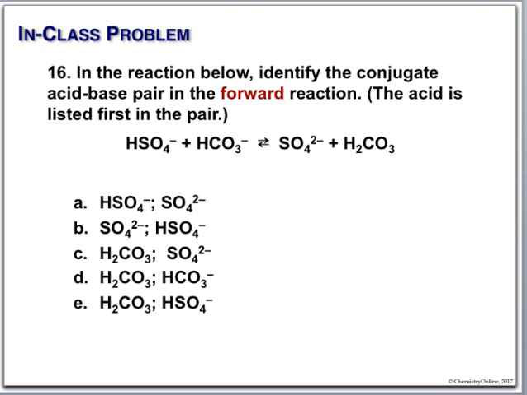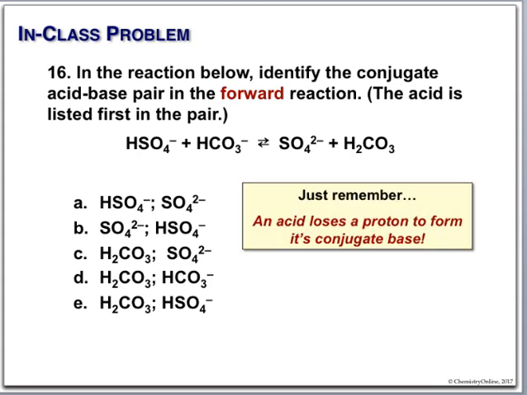And we want the conjugate acid-base pair in the forward reaction. So the question you want to ask yourself is, on this side of the equation, what's the acid? What does an acid do? An acid donates a proton, doesn't it? That's what an acid does. Donates a proton. So of these guys, which one donates the proton?